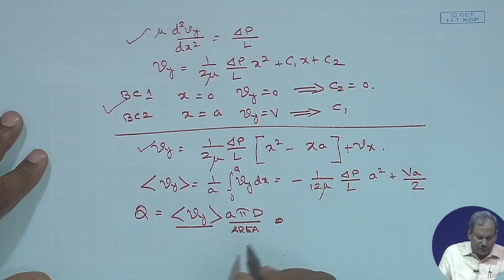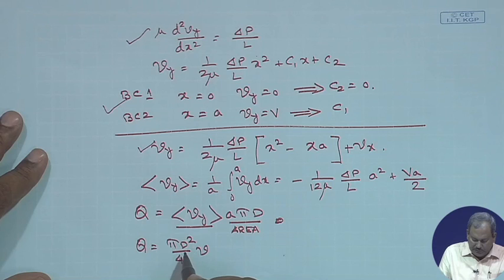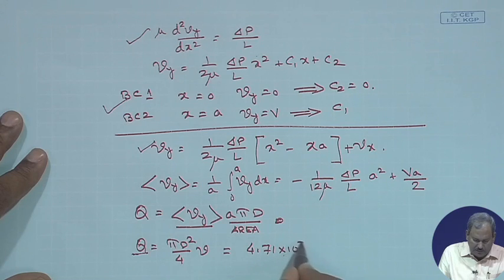For downward movement, the volume displaced, this q, would be equal to pi d square by 4, which is the cross sectional area of the piston, multiplied by V. This is the volume displaced per unit time, which would come to be equal to 4.71 into 10 to the power minus 10 meter cube per second.